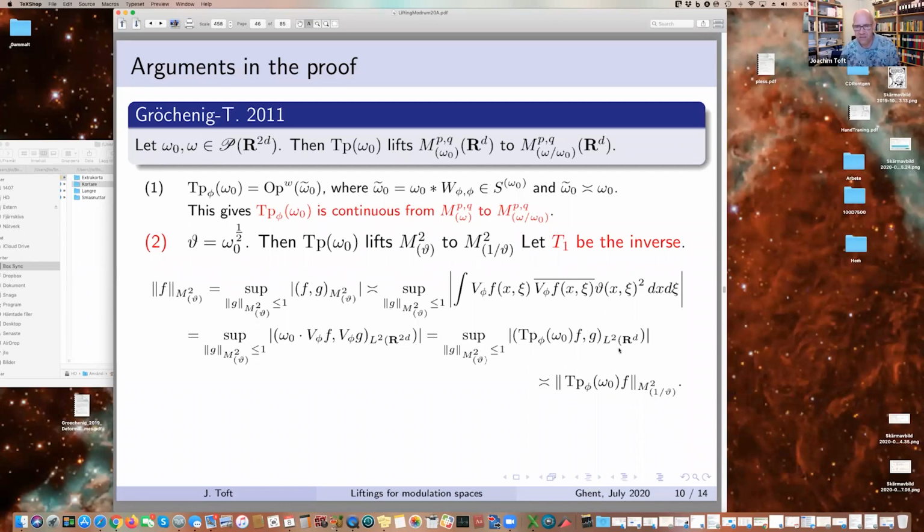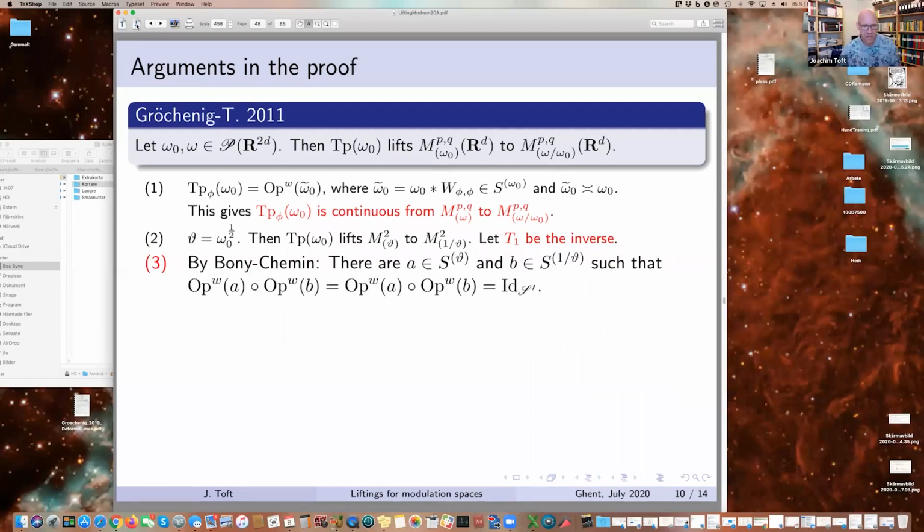So this here is by definition about the same size as this. So this shows that this here is essentially the same as this norm here. And then it follows by an easy argument that this really becomes a bijective map from here into here.